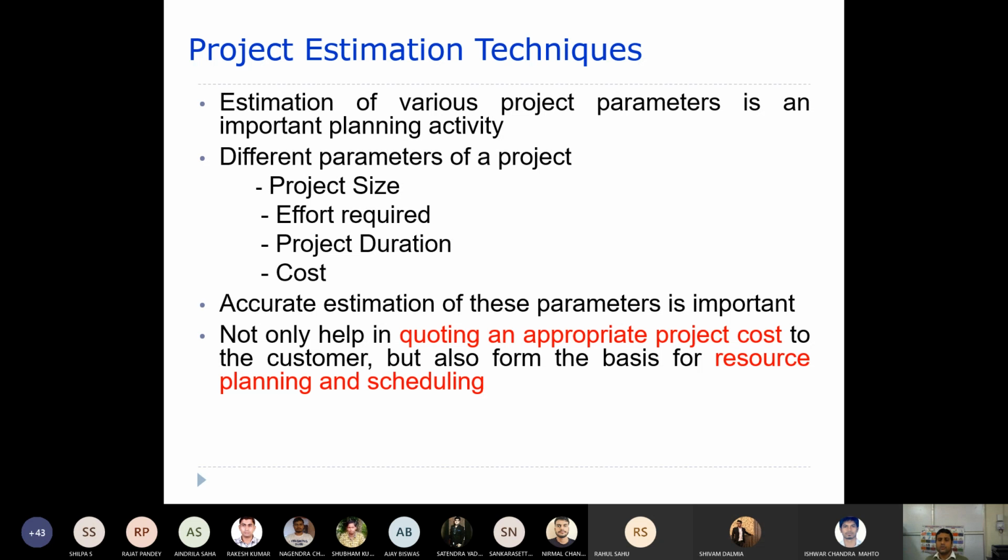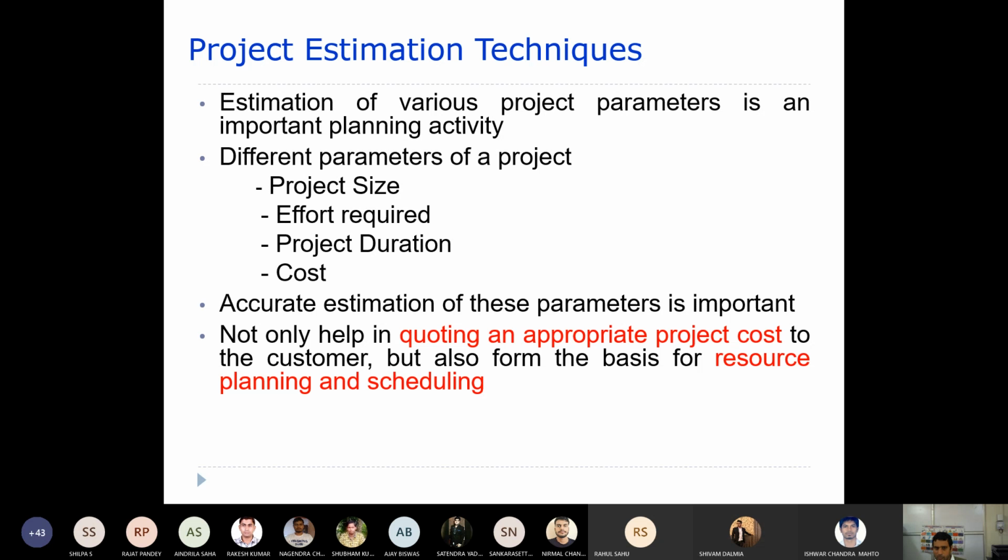These accurate estimations not only help in quoting an appropriate project cost, but are also helpful in resource planning and scheduling. These parameters are very important during project planning.